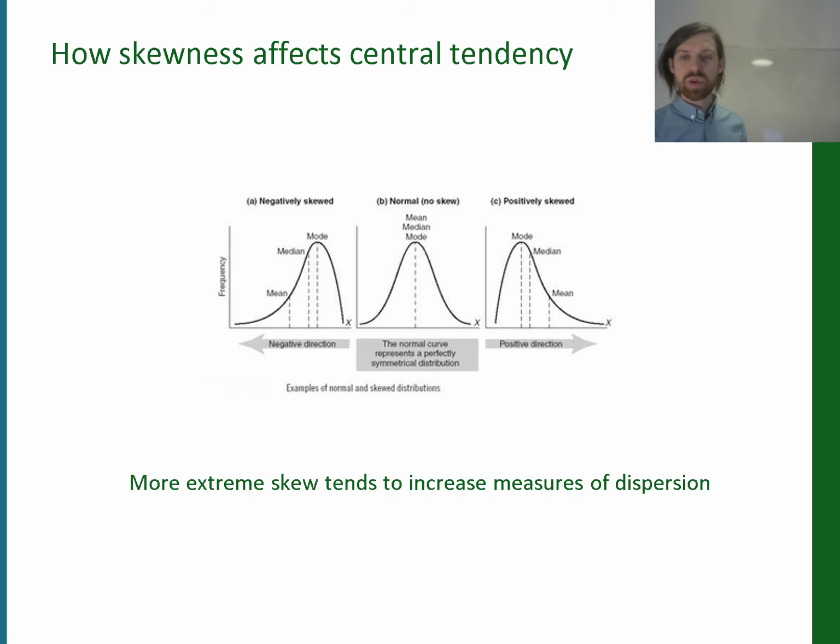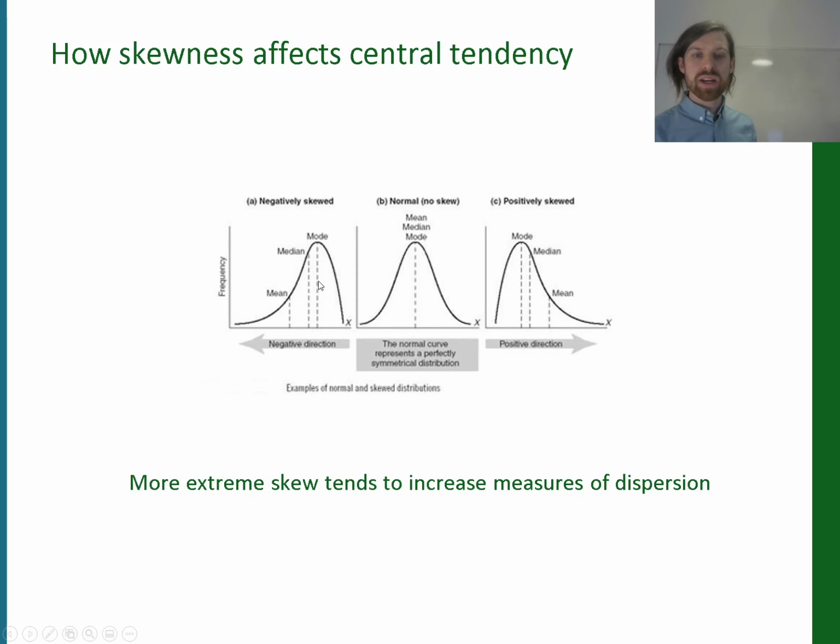The difference if you then have a positive skew, as we had with our income data, is that the most frequently occurring value, the mode, is here at the top of the hump. The mean, because of all of these positively skewed data points, is pulled way over to the right here. And the median is as a consequence in between the mean and the mode.